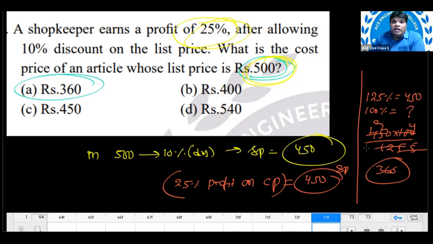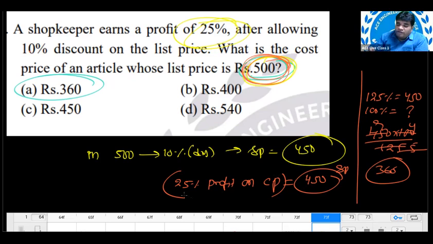Are you getting now, friends? Yes, sir. Anonymous attendance, Meghna, Sai, Ayush, Sahil, give me the reply, friends. First of all, if you don't know anything, just clearly read the question. 10% discount on list price. So on 500, 10% discount means 450.